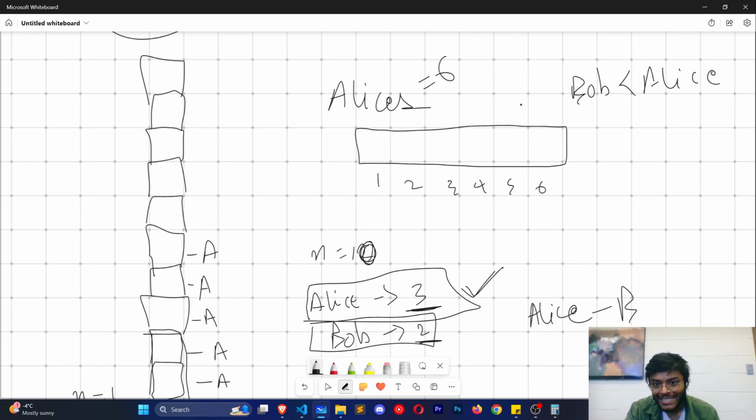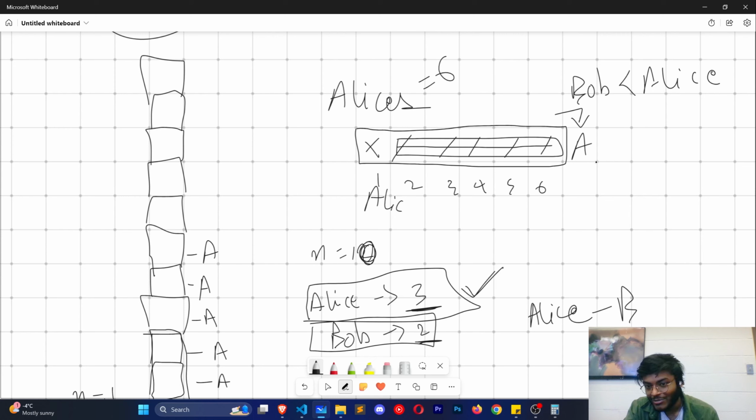So Alice can be at any position, basically. Why? Because Bob is less than Alice. Alice can just remove one, and because Bob is less than Alice, Bob can occupy only these areas, right? Only these areas Bob can occupy, at max. And then again over here it will be Alice's turn. So over here it was also Alice's turn.